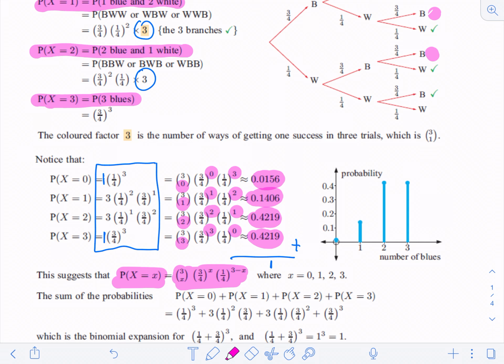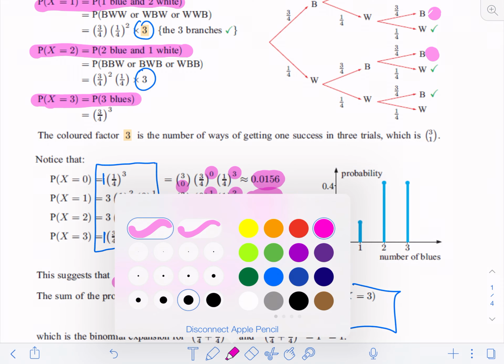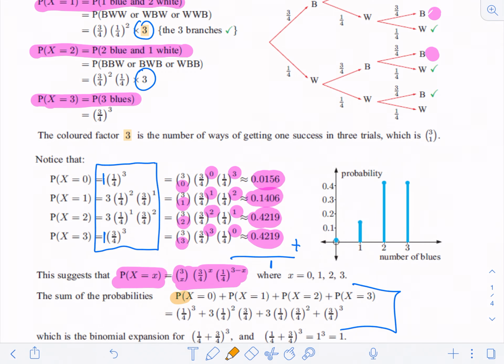And how about this? How about if we just write it out a different way? We're saying if we take each probability, let's do that in orange. So if the probability of x equals 0, x equals 1, x equals 2, and x equals 3, the 4 different calculations would be 1/4 to the third, 3 times 1/4 squared times 3/4, 3 times 1/4 times 3/4 squared, plus 3/4 to the third.